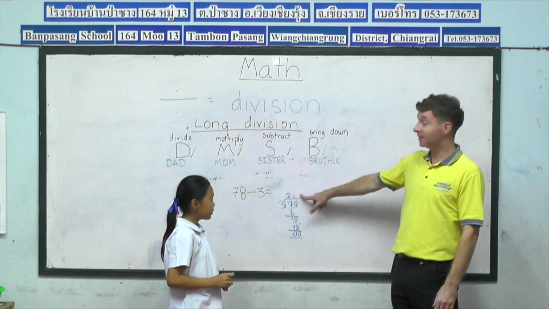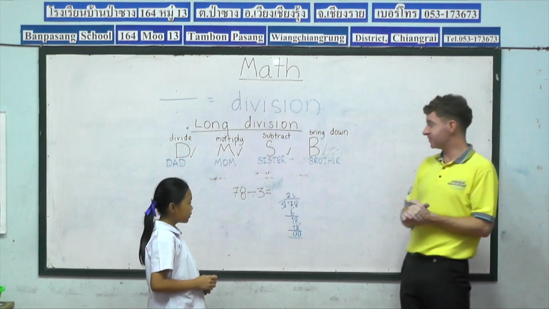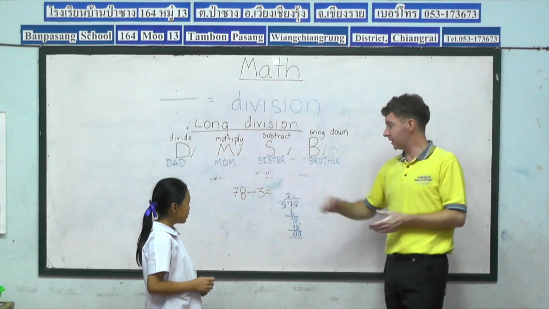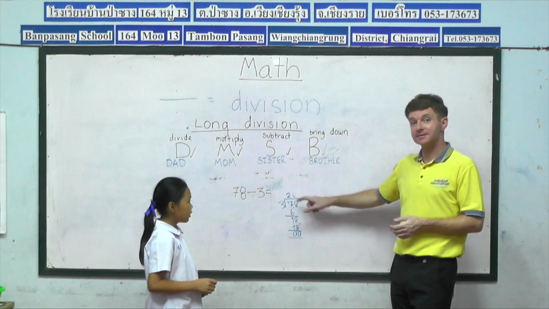26. So we can say 78 divided by 3 equals 26.